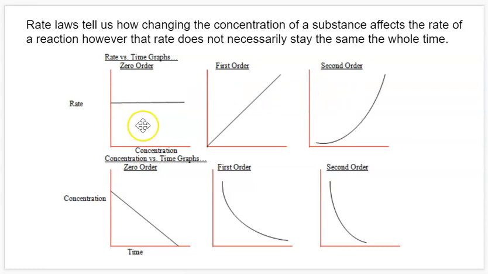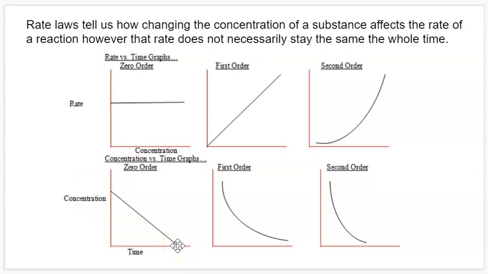So if we look at the rates as a function of concentration, we could see that at higher concentrations for first order, we're going to have a higher rate. And as the concentration decreases, the rate is overall going to decrease. And we have the same relationship for second order reactions, except that it's exponential instead of linear. And if we rearrange this data to now look at the time as a function of concentration, in a zero order, we're going to see a linear decrease in concentration because the rate isn't changing.